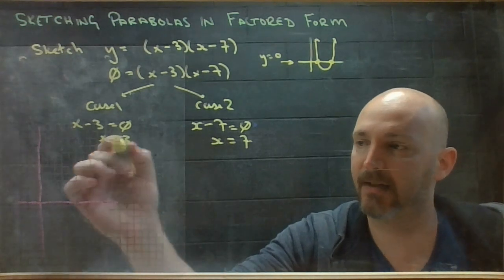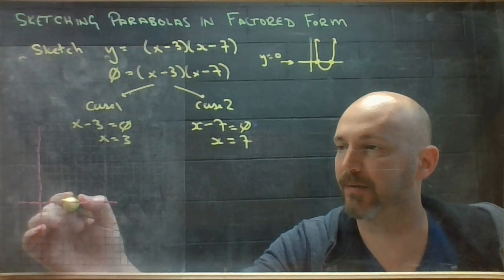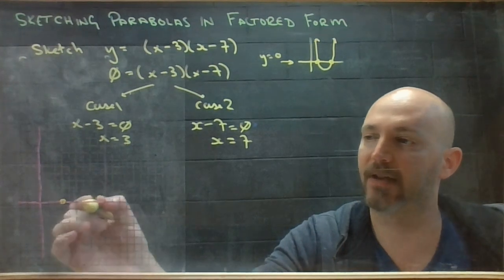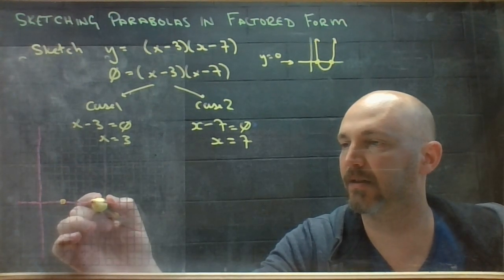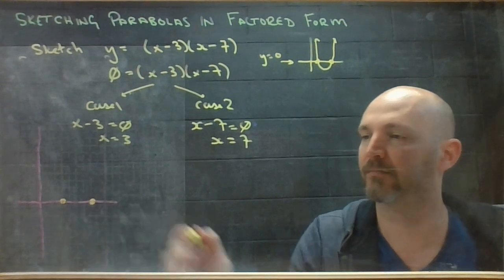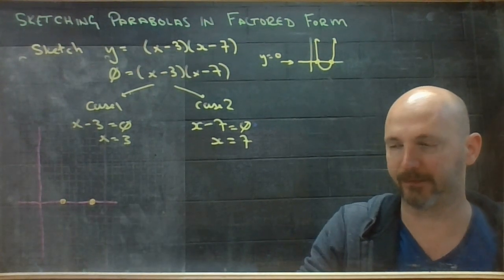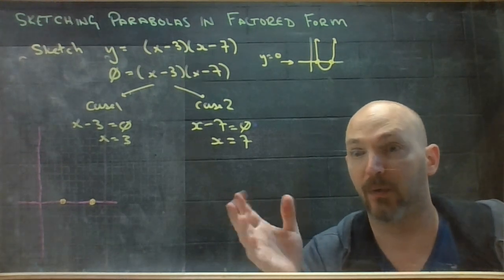So I have an x-intercept at 3, 1, 2, 3, and I have an x-intercept at 7, 2, 3, 4, 5, 6, 7. Okay. Now what to do with that?